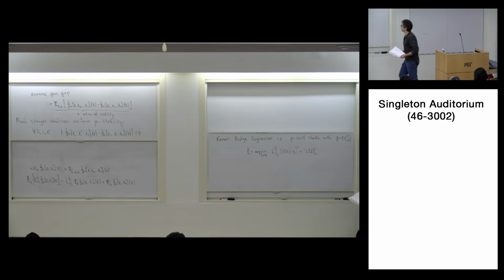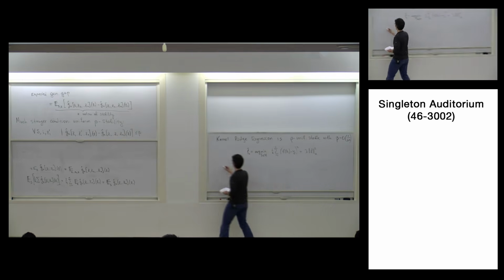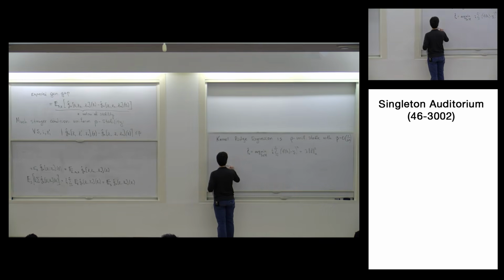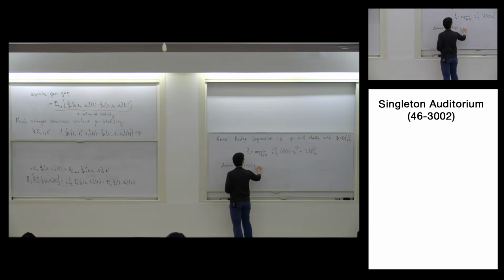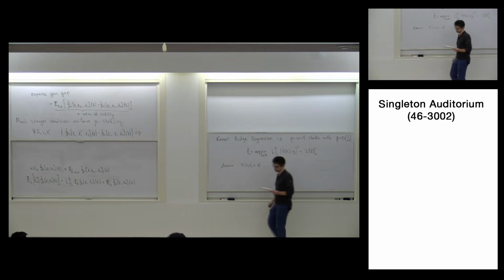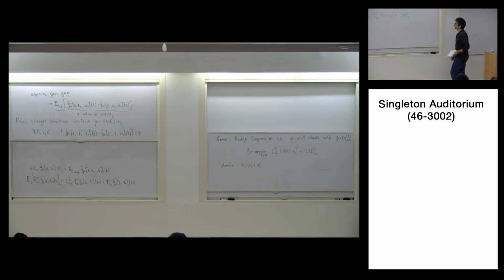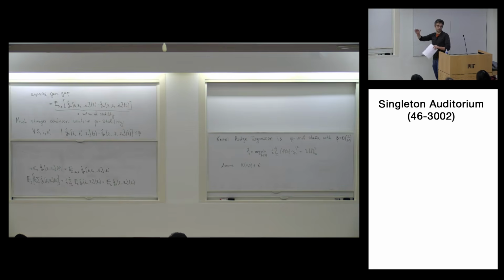Okay, and we will assume that the kernel is bounded by some kappa squared. That's a limit on how big our functions can get.